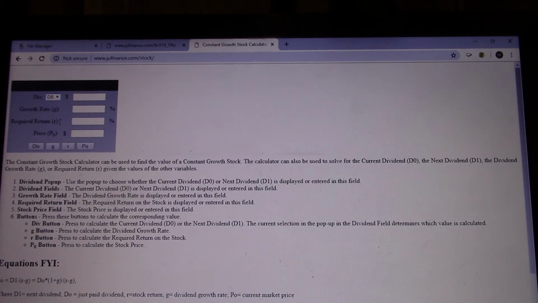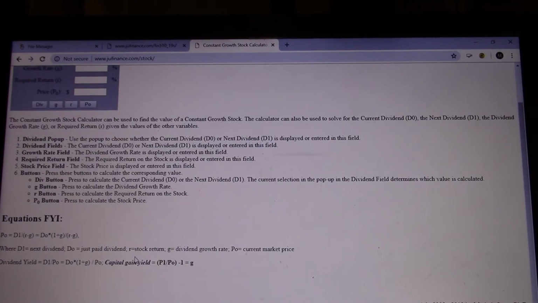Required rate of return is the stockholder's rate of return. Price is how much the stock should be selling for. If you know any 3 of the variables here, you can figure out the one that's not known by clicking the button for that variable, and you can get the answer.